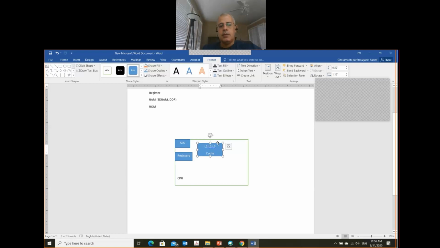So inside the CPU we have registers, which are the temporary storage used by the ALU when processing an operation.